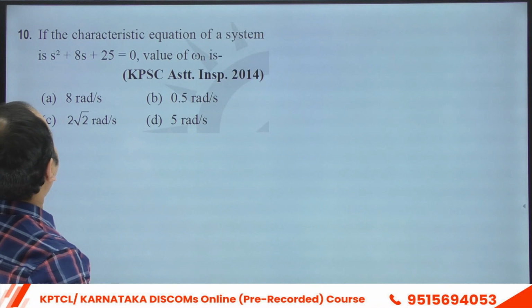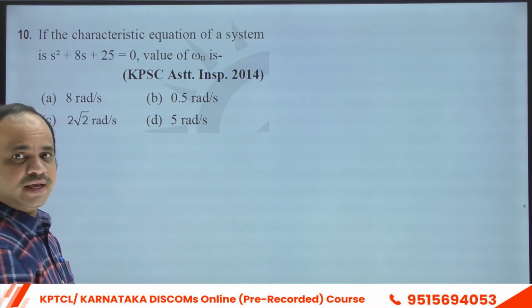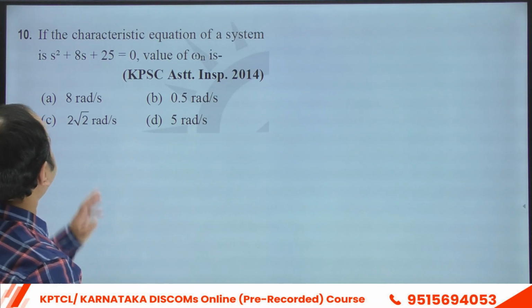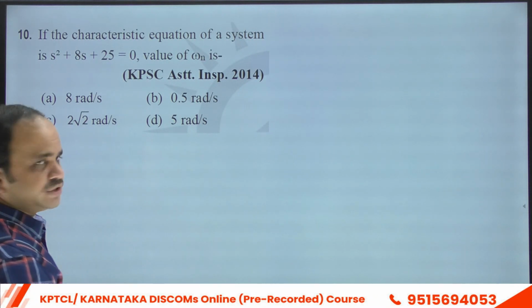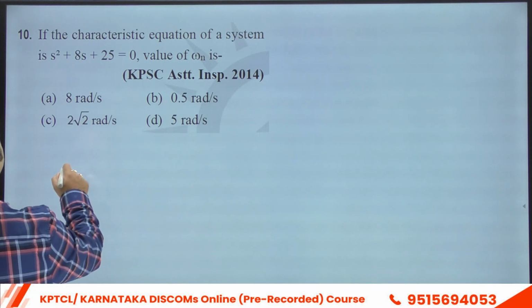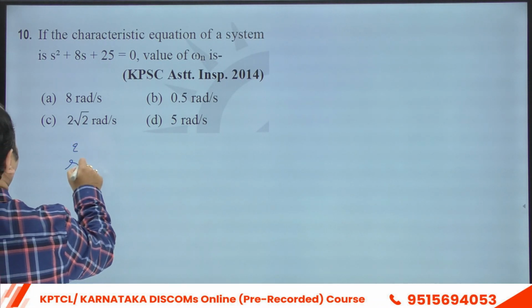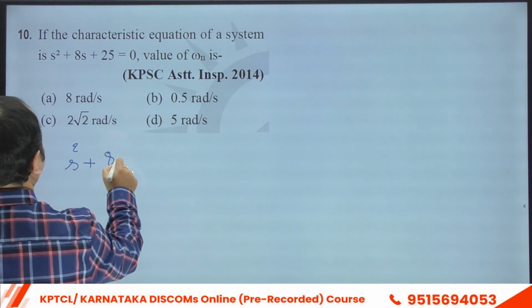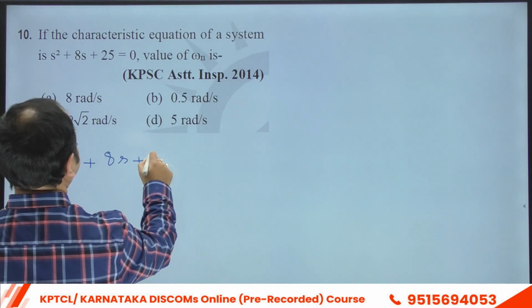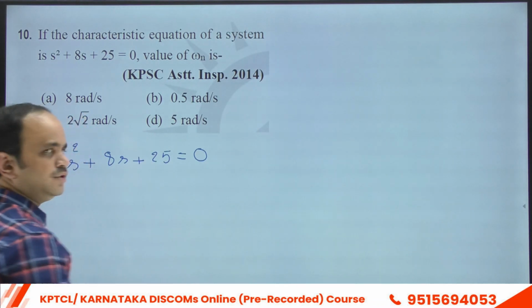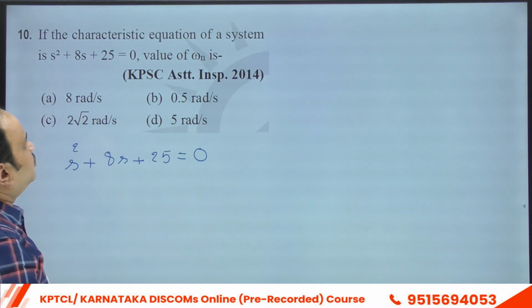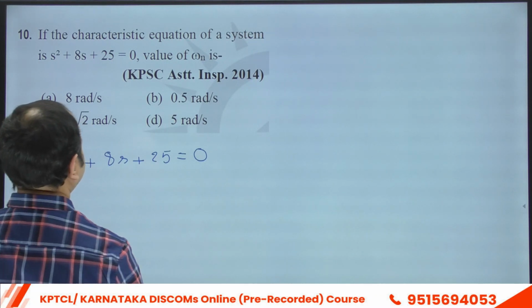Next, another question. We have already seen a similar model. If the characteristic equation of a system is s square plus 8s plus 25 is equal to 0, what is the value of omega n, the natural frequency?